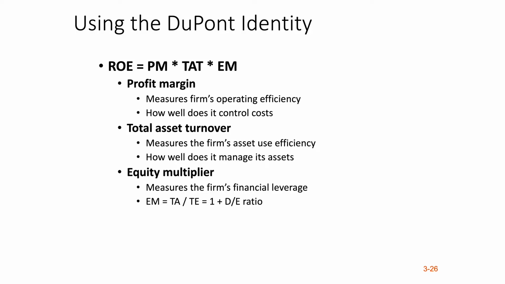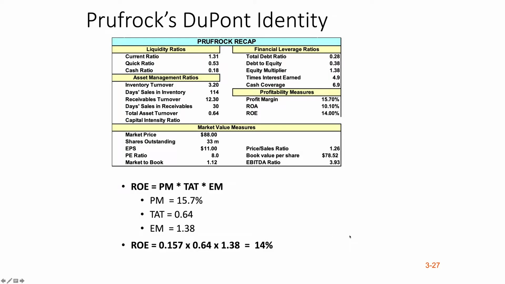So for this sample example, return on equity is profit margin 15.7 times 0.64 times 1.38, so 14%. Remember, what is the return on asset? It's about 10%. See that? Return on asset is 10.1.